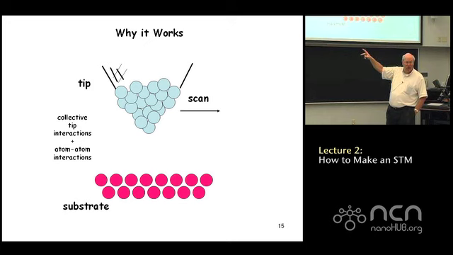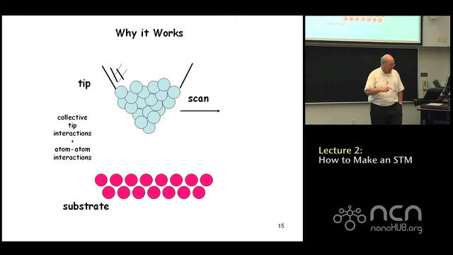So that's the only way you can imagine how you can get atomic resolution out of this microscope. So this is a realization that was not obvious in the beginning in the early stages of STM. But as more and more of these atomically resolved images came in, people started to realize that that front atom on the tip was all important in scanning tunneling microscopy.